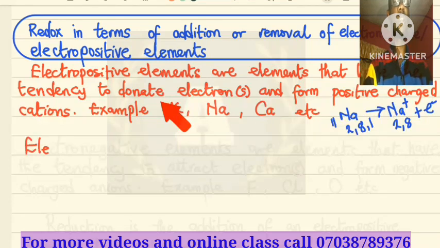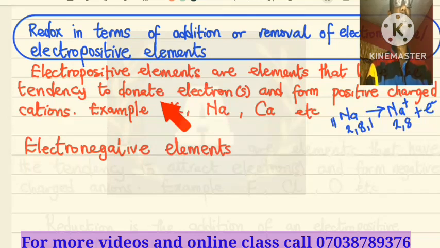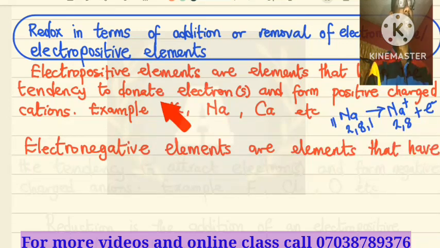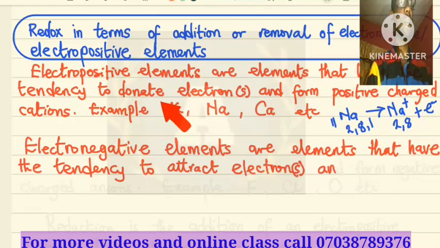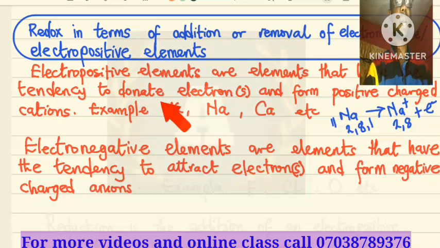Now, the next definition, we have to understand the meaning of electronegative element as well. Electronegative elements are those elements that have the tendency to attract electrons to form negative charge anions.